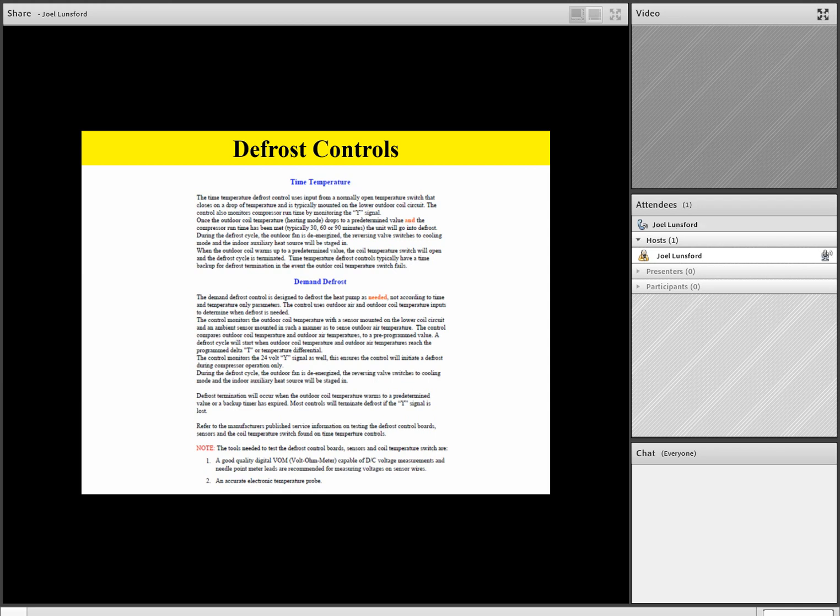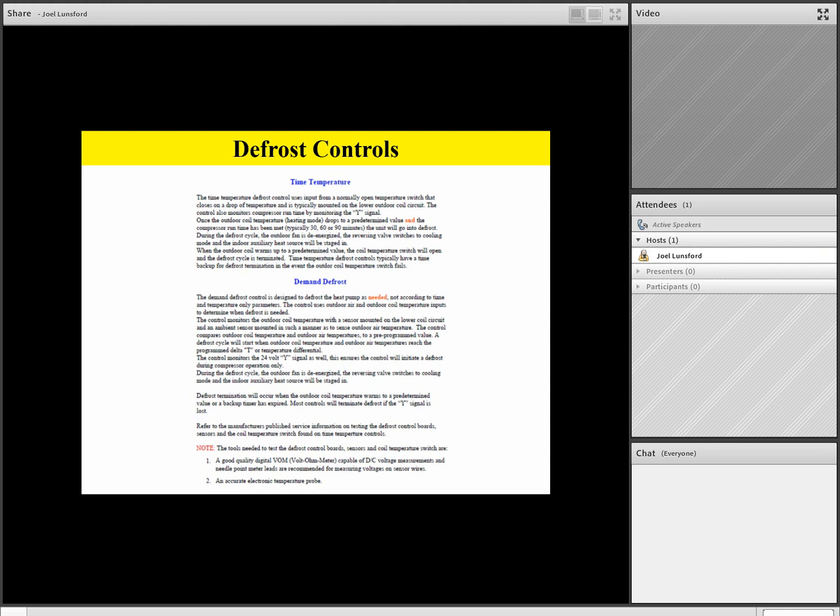It should be noted that demand defrost control is typically more efficient because it's going to defrost more on an as-needed basis instead of just strictly being based on temperature and time. So the demand defrost control has two sensors. It will continue to monitor the Y signal or compressor operation, and it does have some time backup as well in case we have a sensor failure.